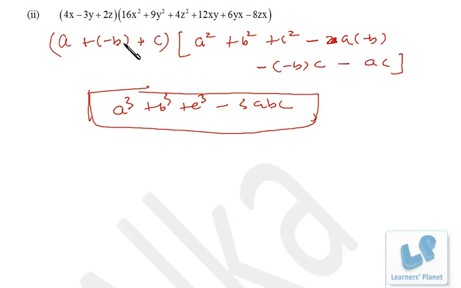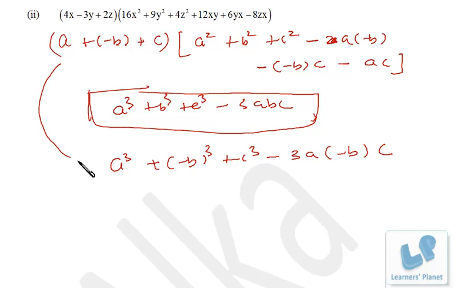But here in this case b is negative, so what will that be? A cube plus minus b cube plus c cube minus 3a into minus b into c, right? So this expression can be written like this: a cube minus b cube plus c cube plus 3abc. So the problem becomes very simple.